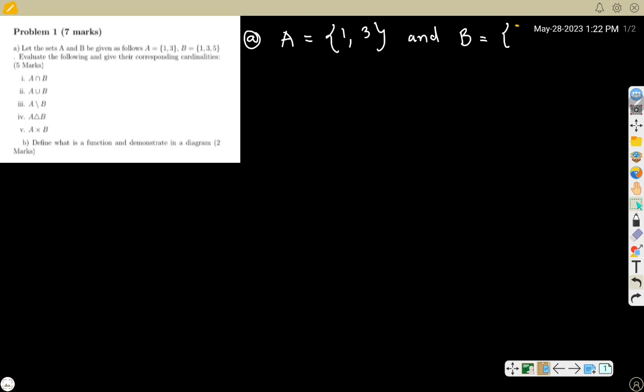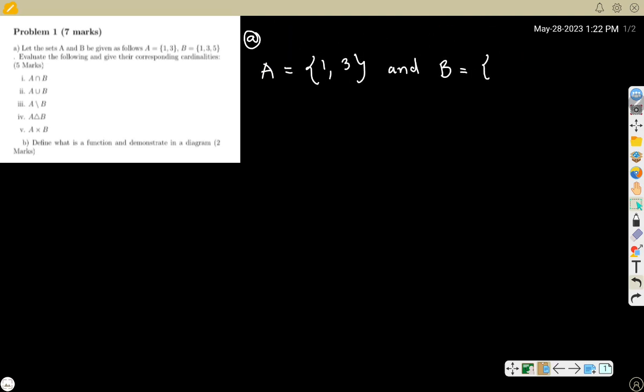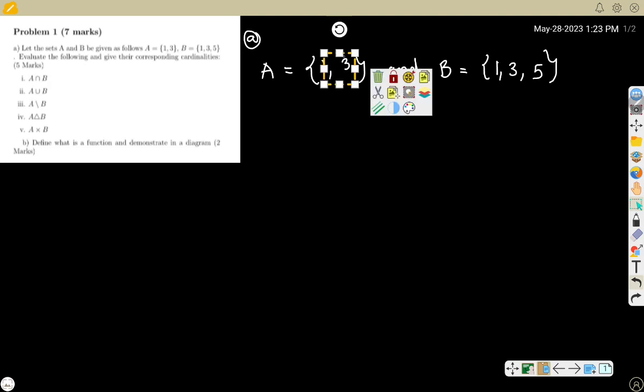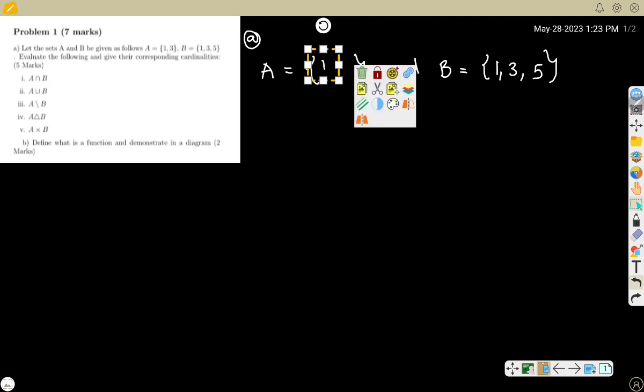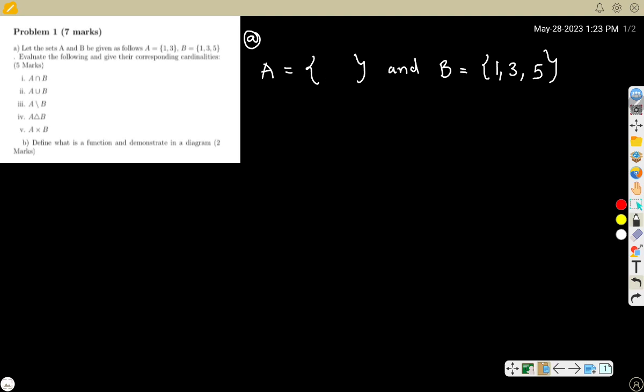Let me write this very well. A is given as 1, 3. So now evaluate the following and give their corresponding cardinalities.